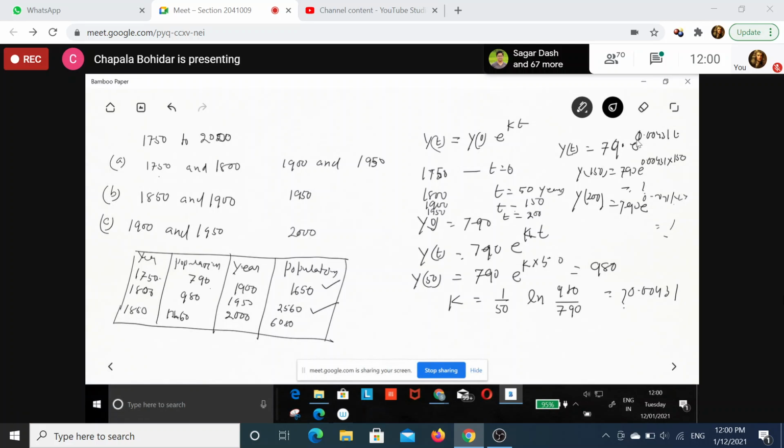What you got? At t is equal to 150, can anybody tell? 1508.0579. It is your 150. What you get? 1508.0579.